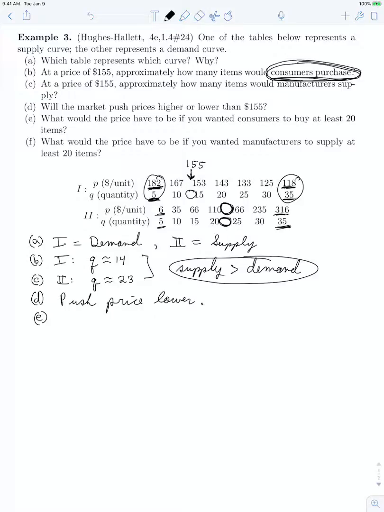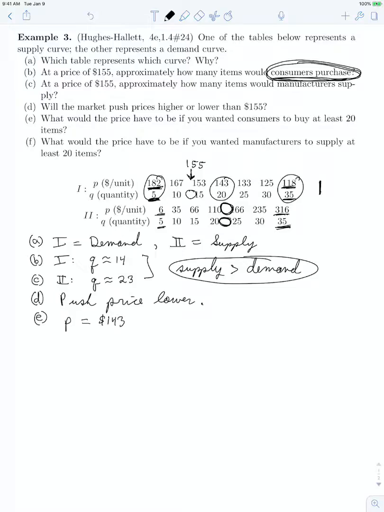Okay, what price would you have to use if you wanted consumers to buy at least 20 items? Again, we look back at the consumer table, that's table 1, and if we want them to buy 20 items, that looks like a price of 143. So we're reading the table backwards in this case.